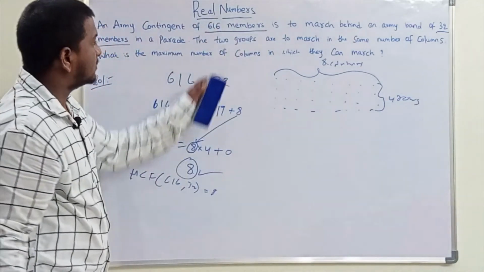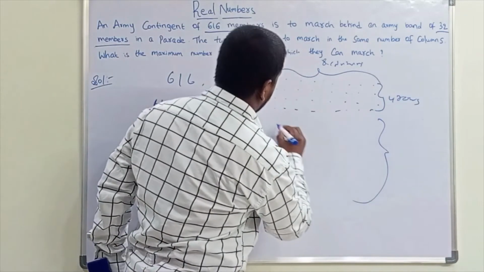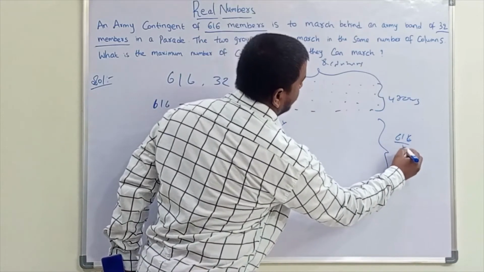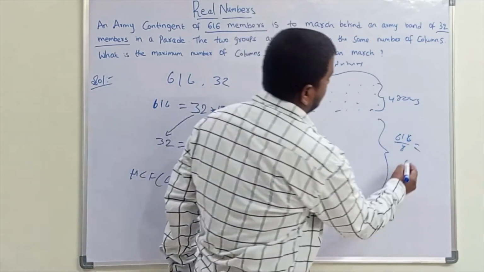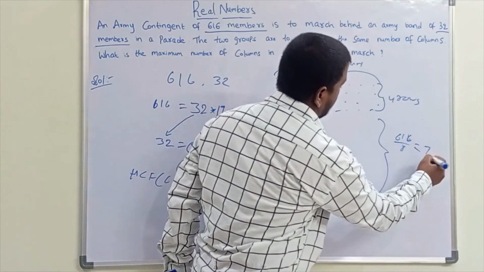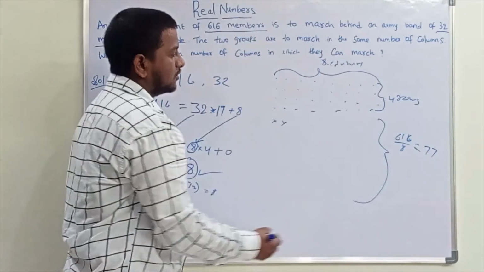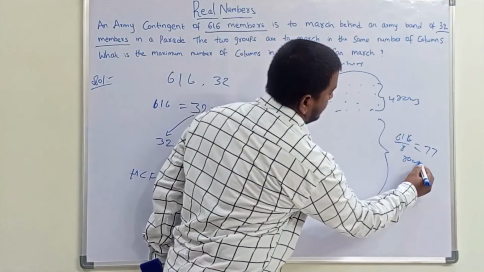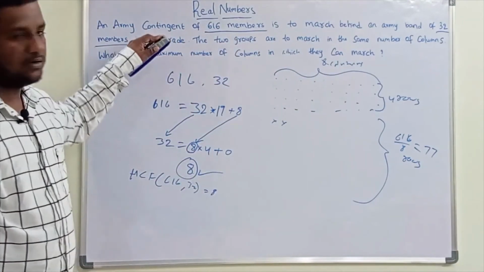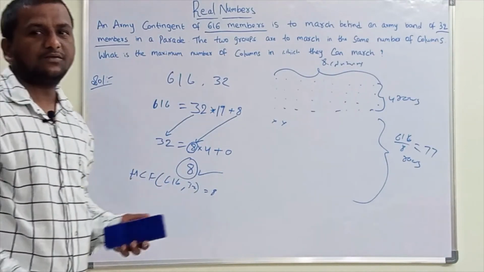Similarly, for 616 members, how many rows will they take? Here it is 616 divided by 8, which equals 77. So 77 rows they will take. So now you understood how HCF can be practically useful. Hope you like the video.